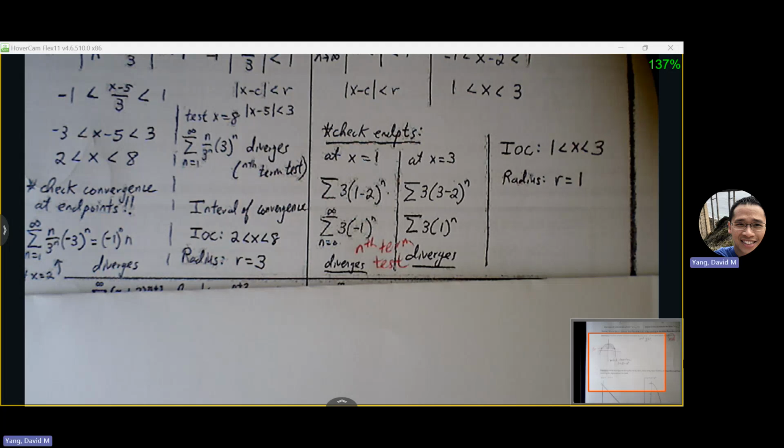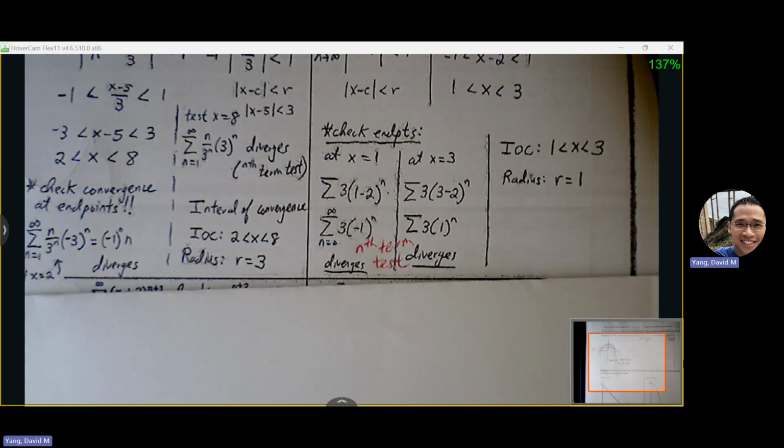You don't have to be super descriptive in showing all the steps, but once you test your endpoints, at least give me a reasoning of how you know that the series converges or diverges. Just say something like nth term test, or converges by AST.